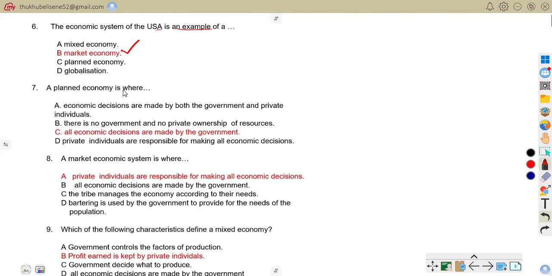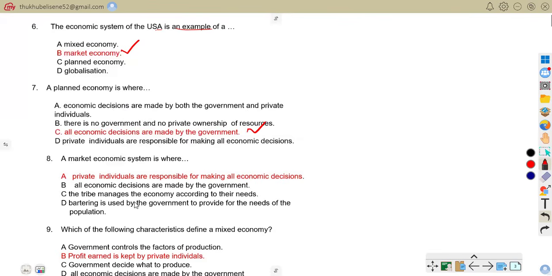A planned economy is where, and these are the four options given: economic decisions are made by the government and private individuals; there is no government and no private ownership; all economic decisions are made by the government; private individuals are responsible for making all economic decisions. A planned economy is where all decisions are made by government.